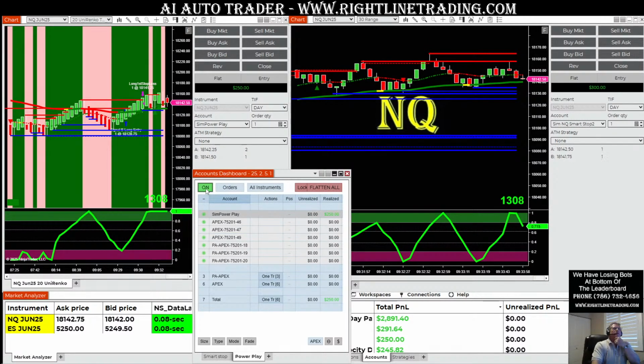We're kind of caught in this ranging, choppy environment here. Market really hasn't found its way yet. We're stuck between the 50 and resistance.